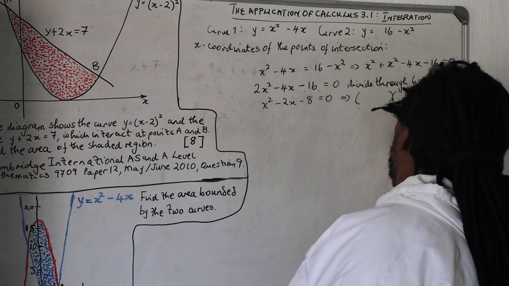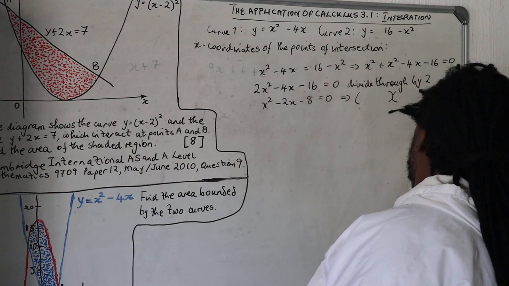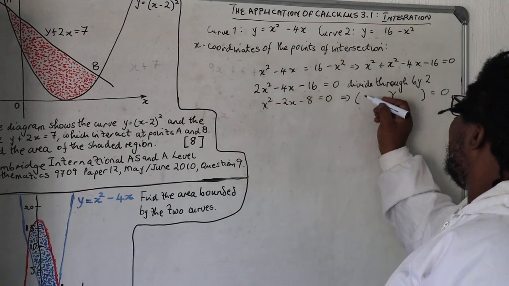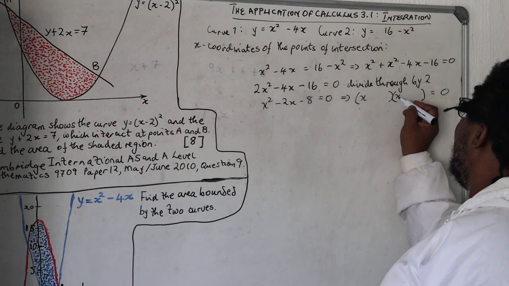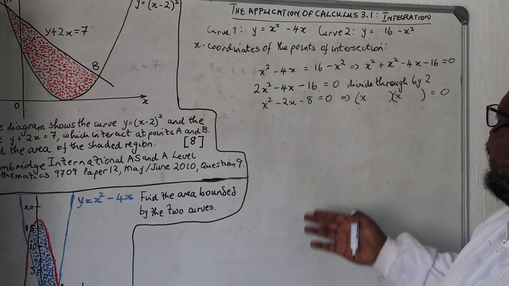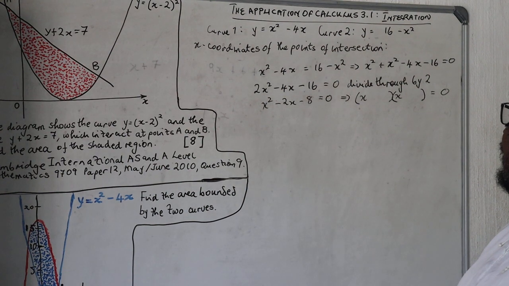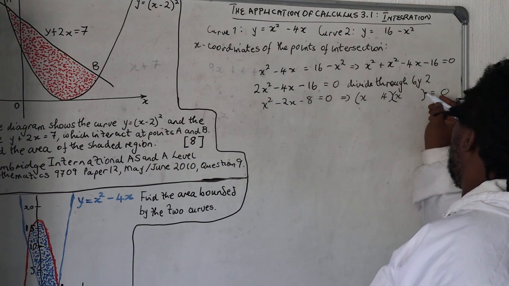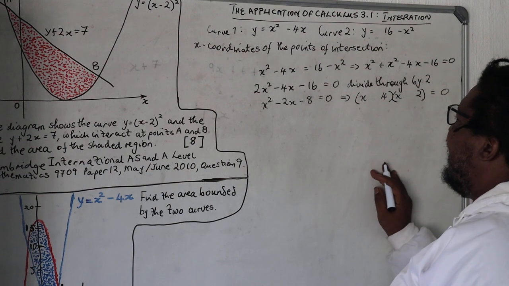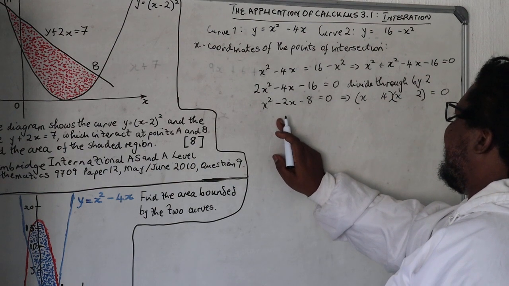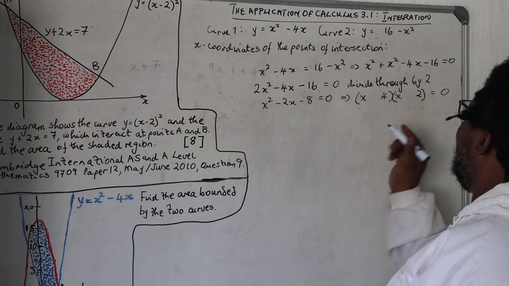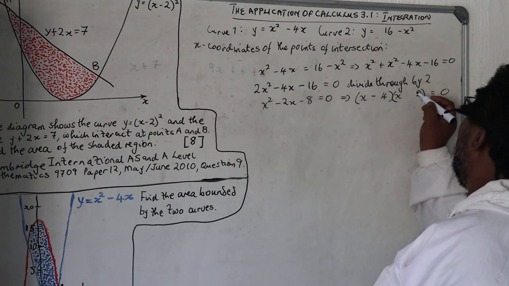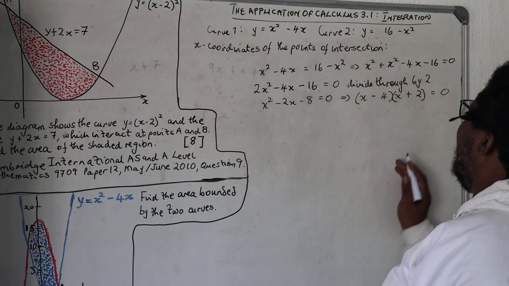We factorize x squared. We know the factors are x and x, and we say which two factors of 8 give us 2. They are 4 and 2. So we have 4 there, we have 2 here, we have minus 2, that means we are subtracting the bigger number from the smaller number, so we have a minus here and a plus there.